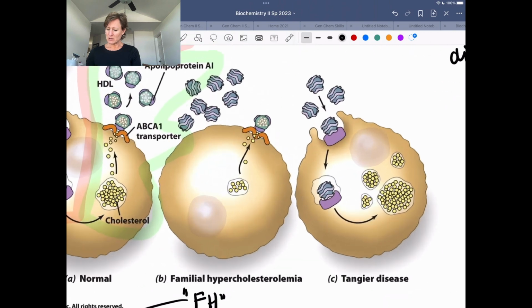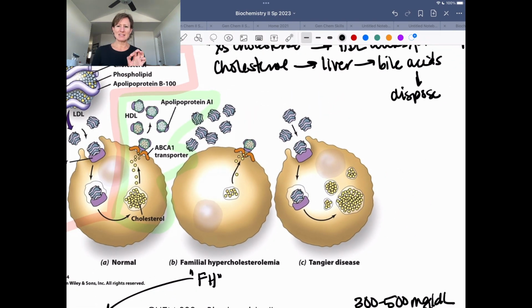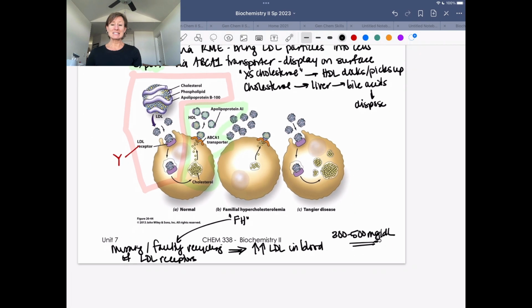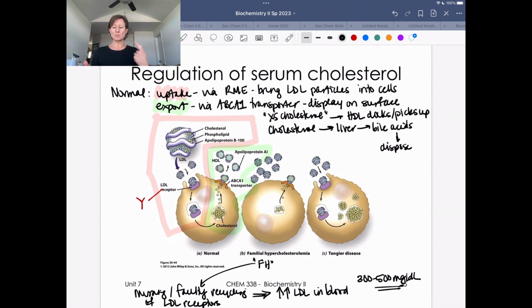Okay, this last one here is a little bit different, and I'm going to highlight that this is called Tangier's disease. Most of you are not going to worry about having issues with Tangier's disease. We're going to talk about the pathophysiology behind it, but in reality, there's only about 100 people in the world who have Tangier's disease, and this is again a disease of the export piece.